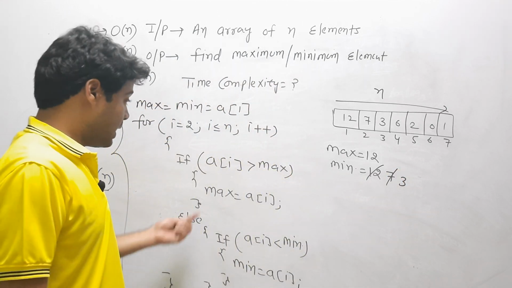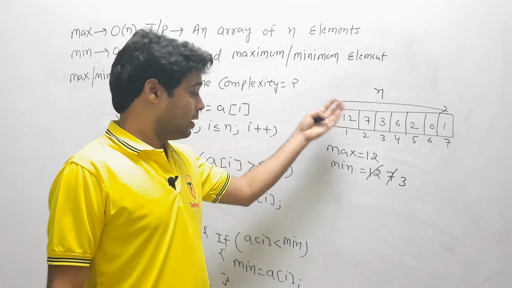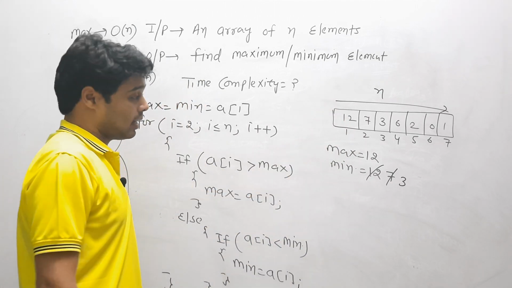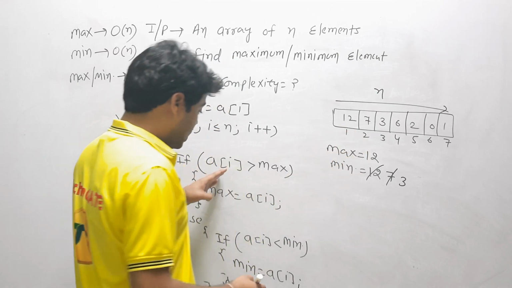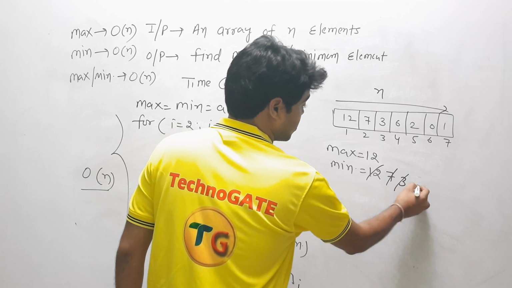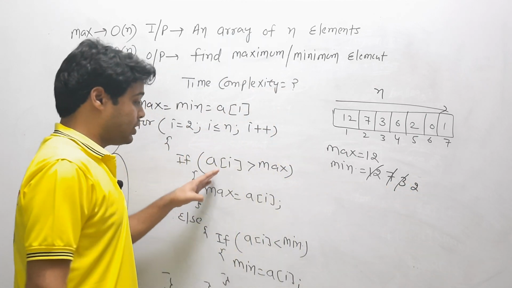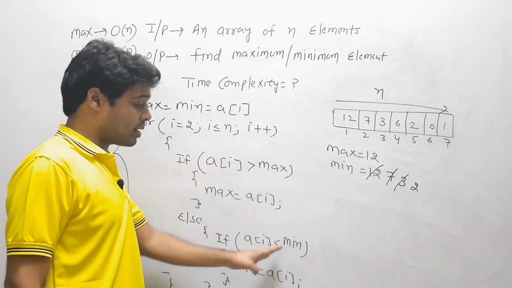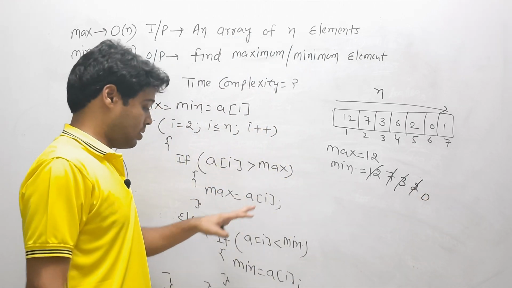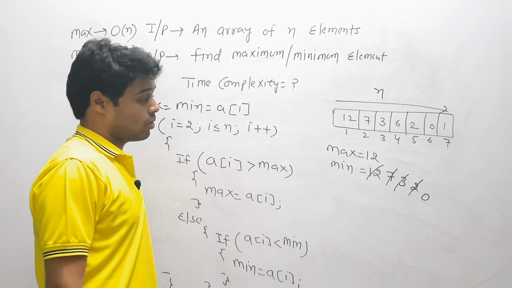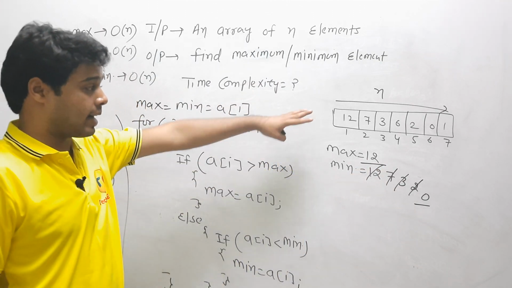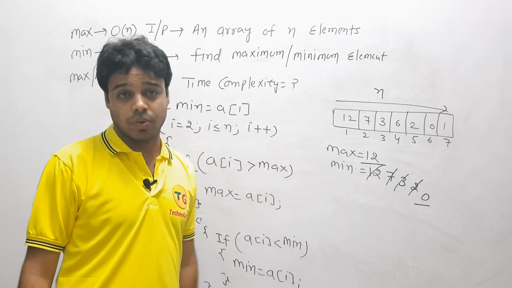Now 6 less than maximum, no, and 6 less than minimum, no, because 6 is bigger than 3. Then 2 greater than maximum? No, but 2 is less than minimum, which is 3, so it becomes 2. Now 0 greater than maximum, no, 0 less than minimum, yes, update minimum to 0. Now 1 greater than 12, no, 1 less than 0, no. So maximum is 12 and minimum is 0, which is the correct answer.